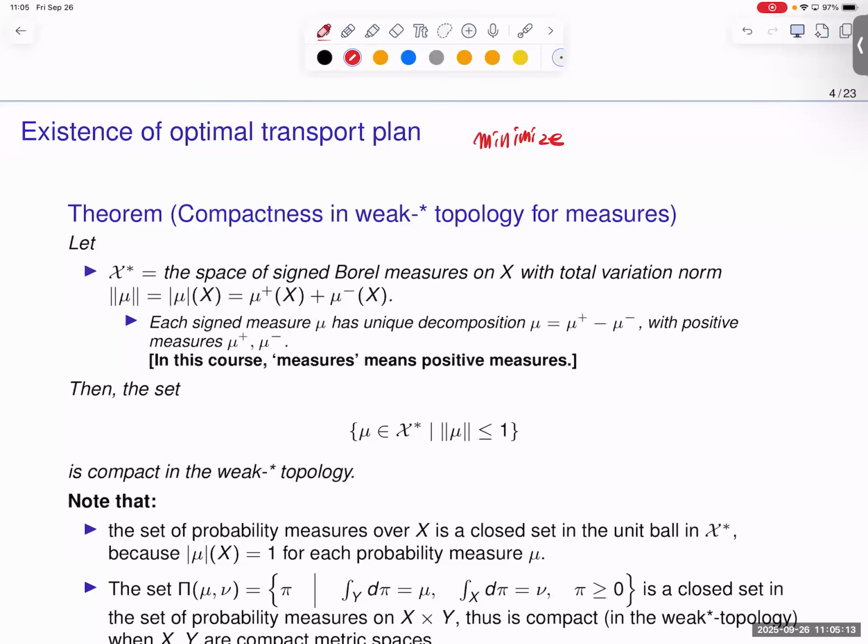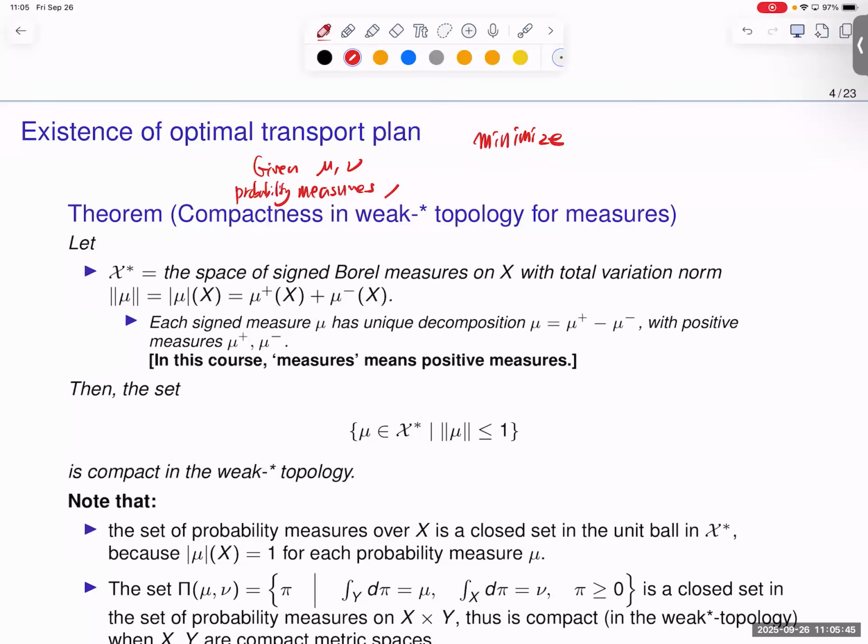First, the decision variable is the transport plan. But to talk about transport plans, we need some given information: mu and nu. We are given mu and nu, just measures, but we have to have the same total mass in our formulation, so we assume they are probability measures.